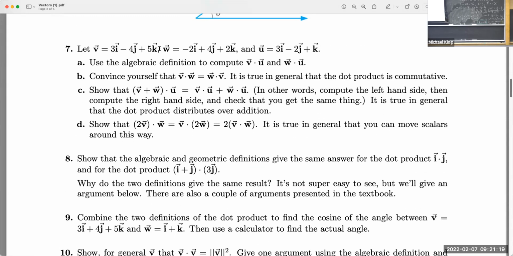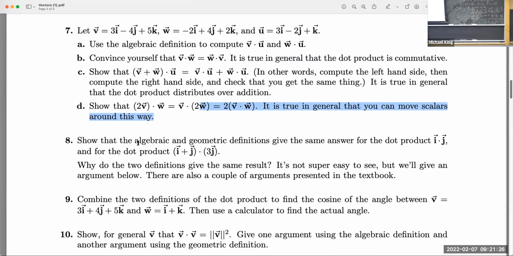Just have you do a few. There's some basic properties you can convince yourself of. Showing that the algebraic and geometric definitions give the same answer. Like if you apply the algebraic definition and the geometric definition to a specific dot product, you should get the same answer if they're the same.